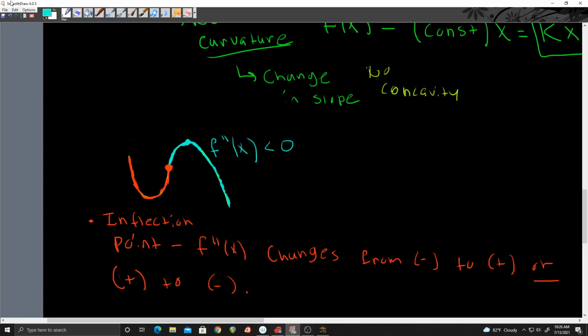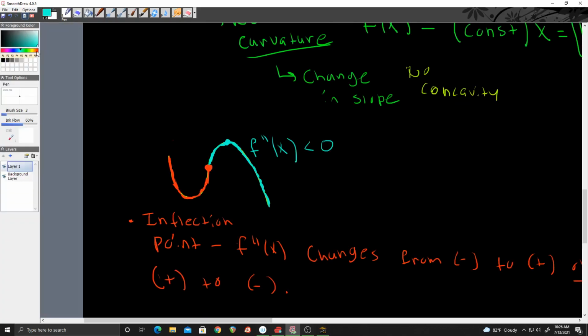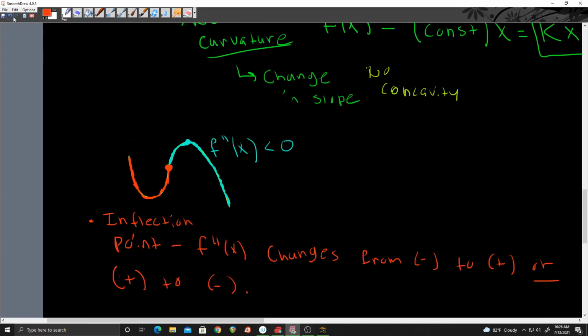And for the red portion, the second derivative is positive. Okay, so this is what an inflection point looks like. This is what it looks like when the second derivative changes from positive to negative.